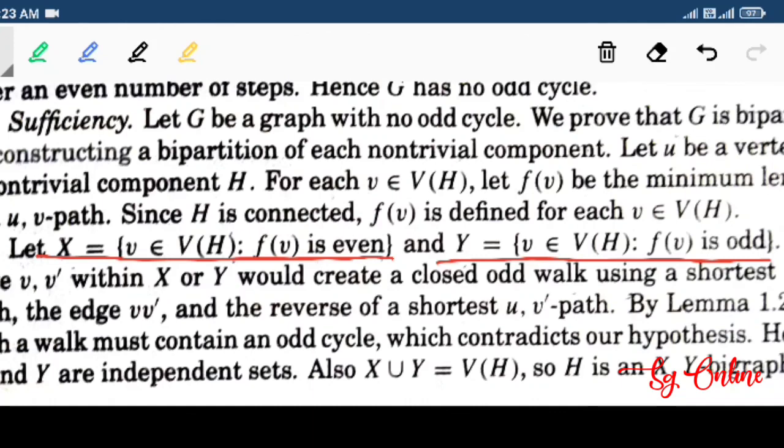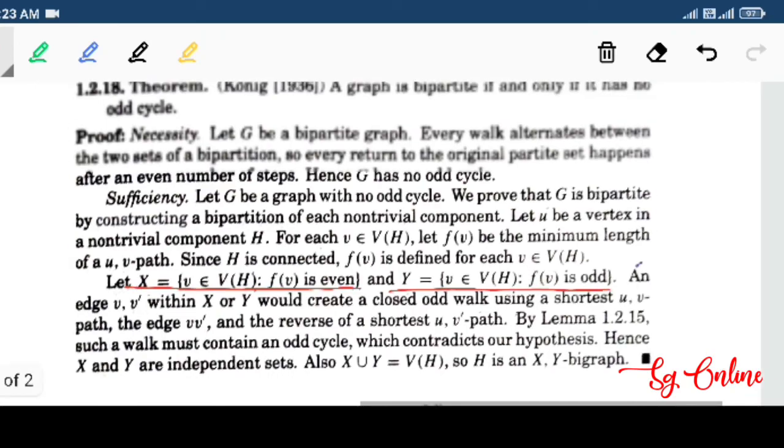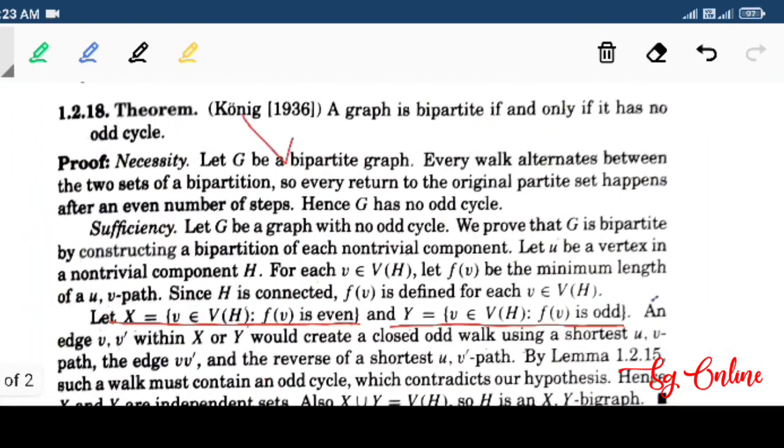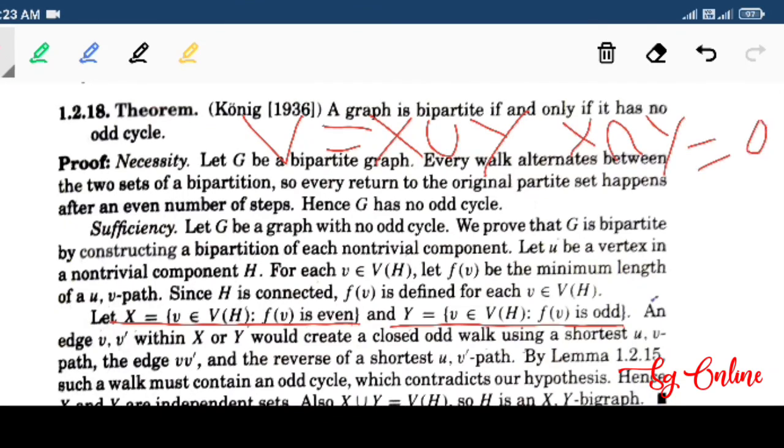So we have a clear partition of the vertex set into two parts, X and Y, which are disjoint. So this partition is complete.